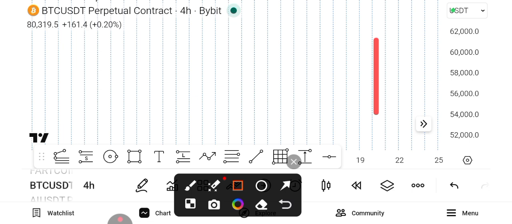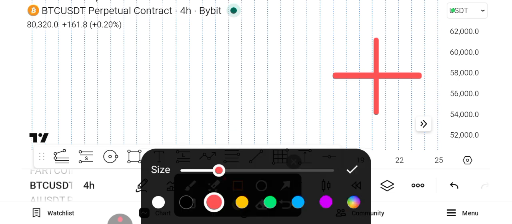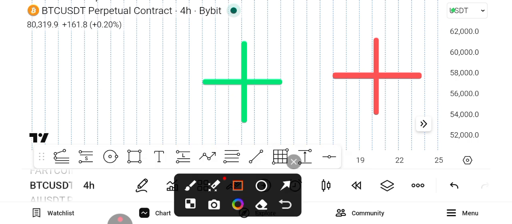They have zero real bodies, and this is the structure here. It can be at the top or the bottom. This is how it is, very easy.